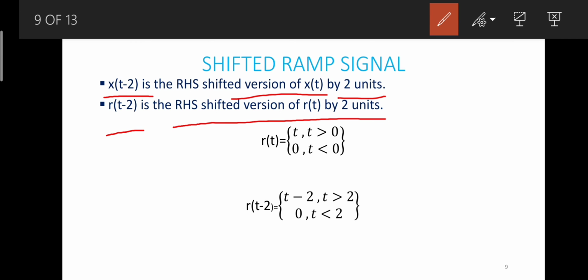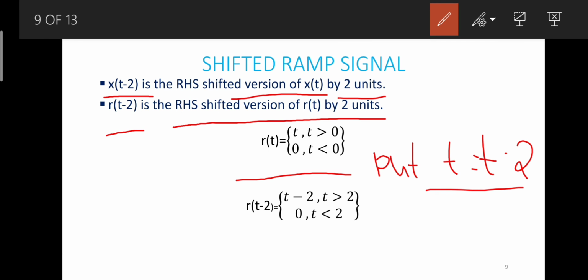units. So let's check it by using the basic expression or definition, that is r of t equal to t for t greater than 0 and 0 for t less than 0. Here put t equal to t minus 2. So r of t minus 2 is t minus 2 for t greater than 2 and 0 for t less than 2.